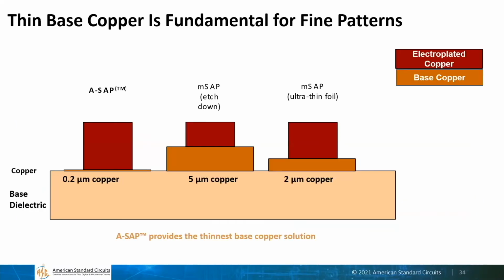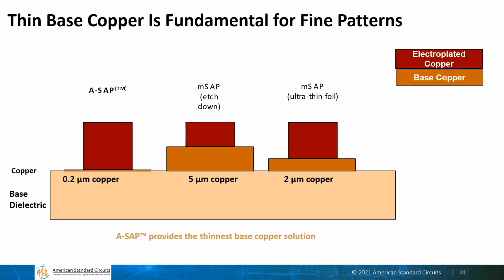So there's a number of semi-additive processes, right? So there's A-SAP on the left, that's our process. And then in the middle, there's modified SAP, which is used a lot in things like iPhones or Android phones, things like that. So high-end consumer products that are pushing the state-of-the-art printed circuit boards, mostly manufactured in Asia. And they start with a thicker copper layer that's etched down to something around 5 microns.